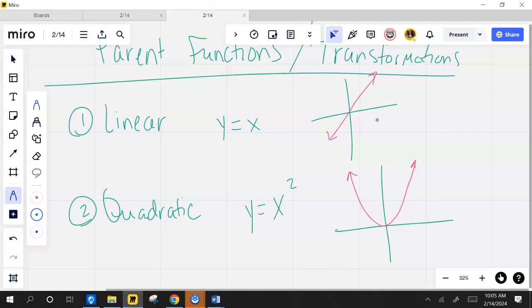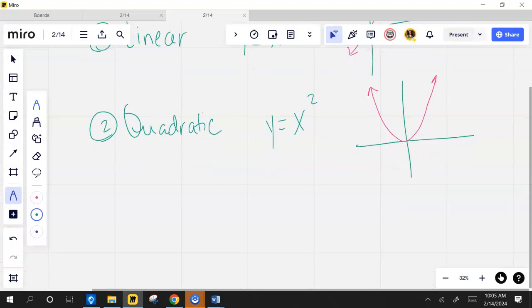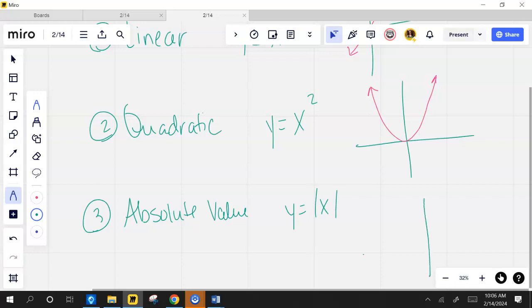That's a good guess, but what did we do yesterday? Absolute value. And so the parent equation is just y equals the absolute value of x. And what does that look like? That's right. It comes down to a sharp point like this.